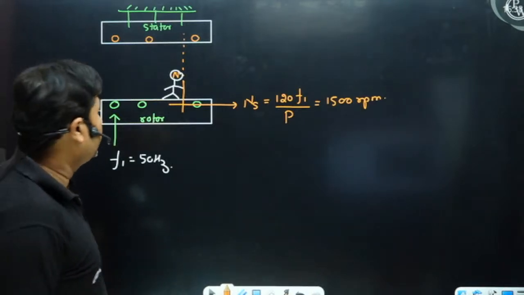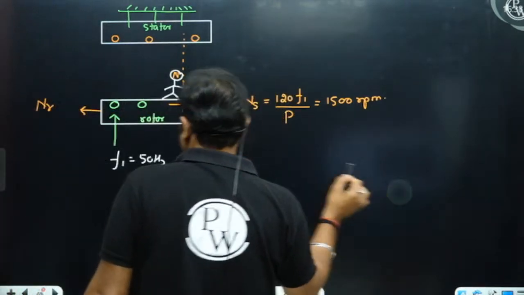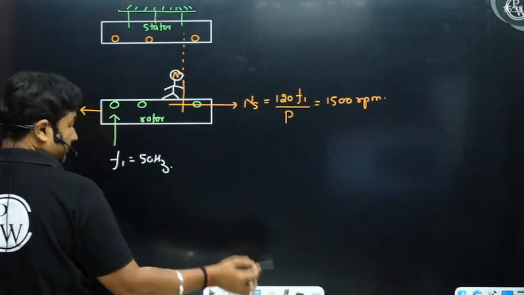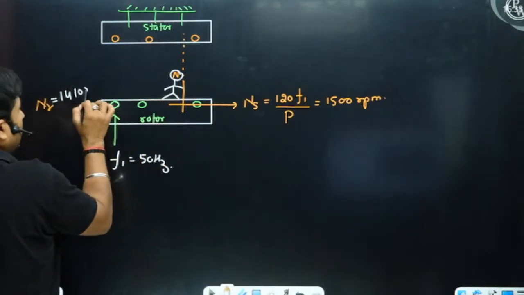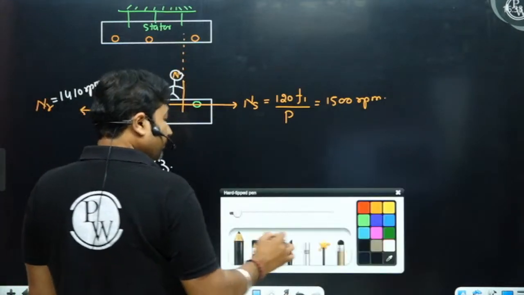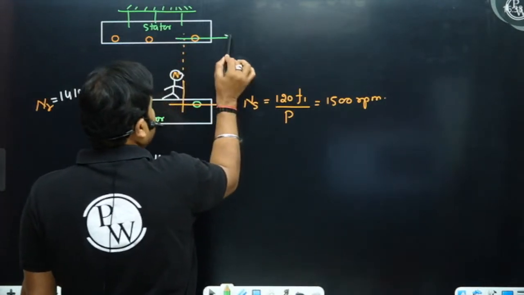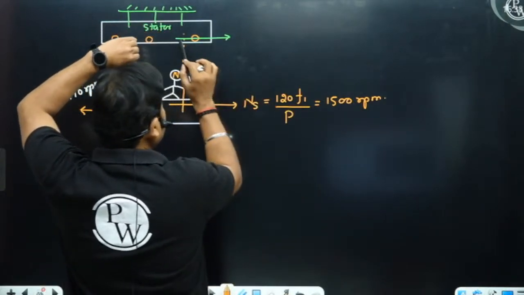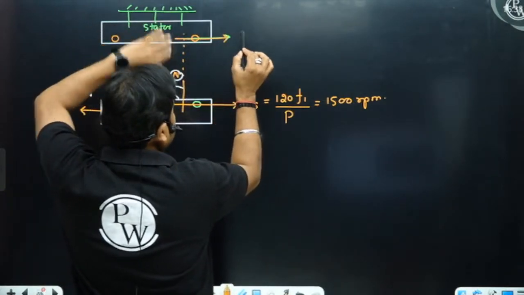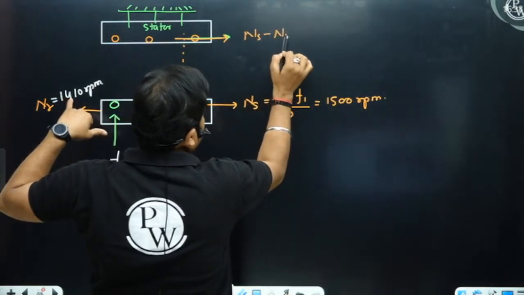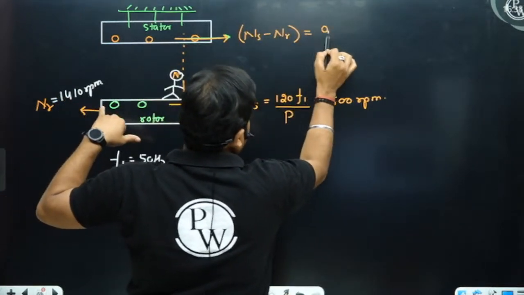The speed is given as 1410 rpm, so the rotor is now moving at 1410 rpm. At this instant, the rotor flux cuts the stator conductors at a speed of ns minus nr, so this will be equal to 90 rpm.